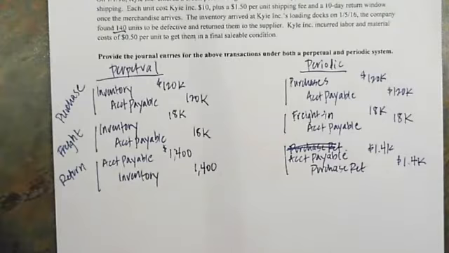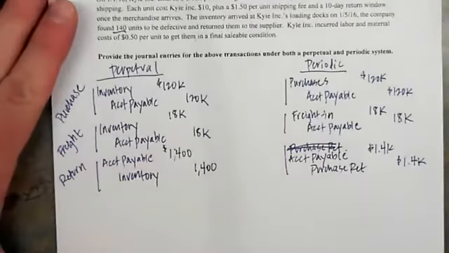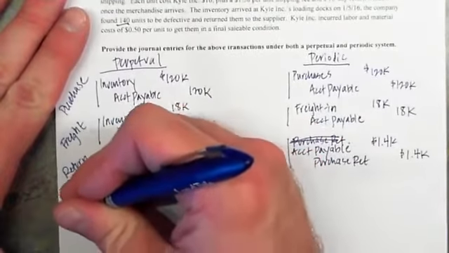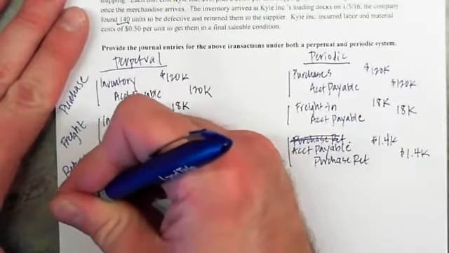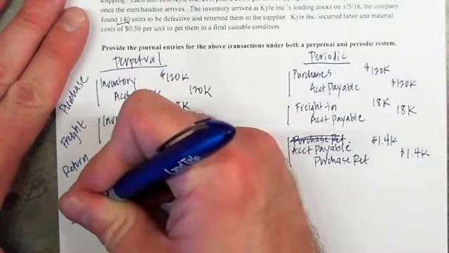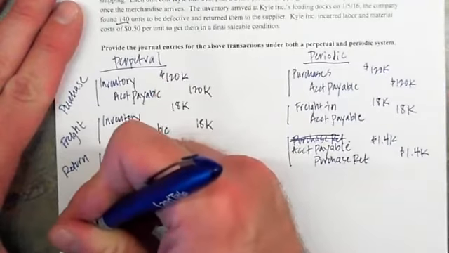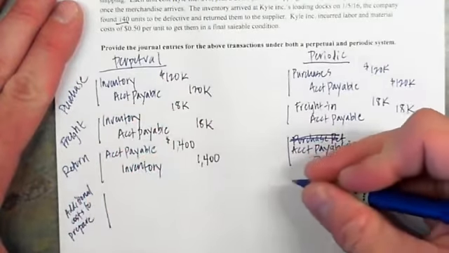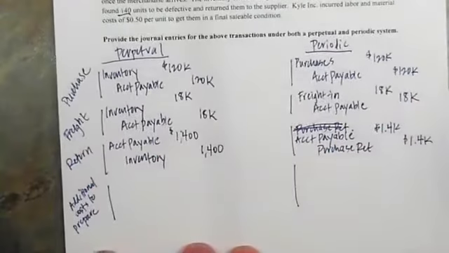Now, finally, we're going to look at that they incurred labor and material cost of 50 cents per unit to get them in a final sellable condition. So this is that some assembly required costs, but so we just are going to call that additional costs to prepare the inventory, because remember, it's all about getting it to our place of business and in a final sellable condition.